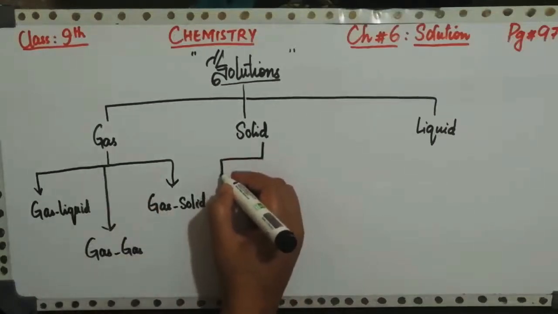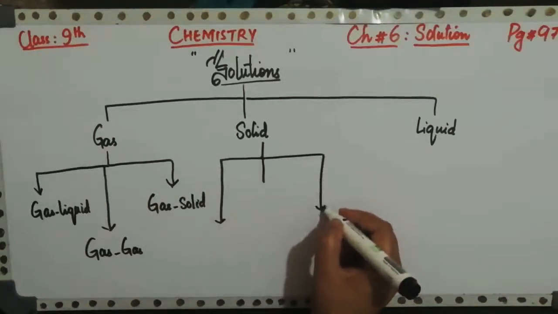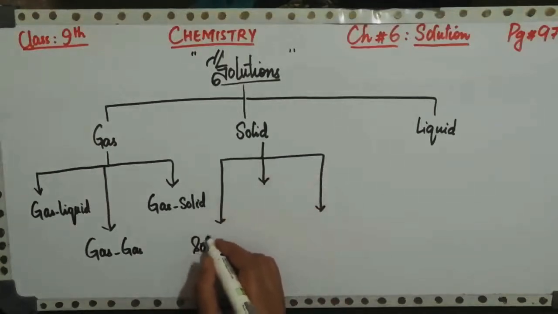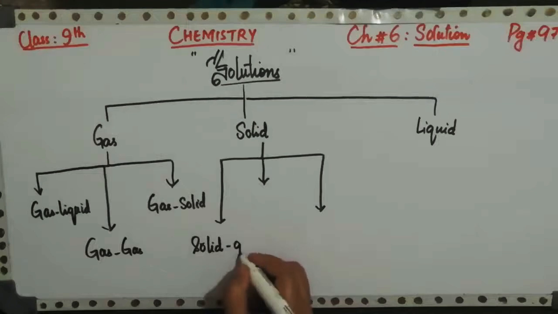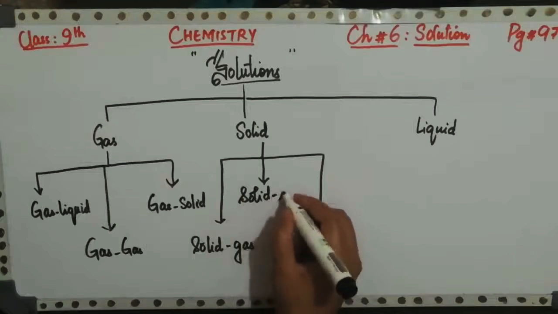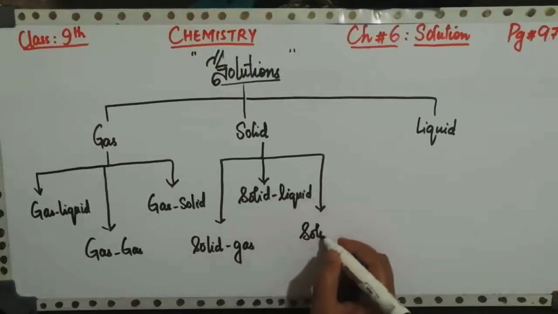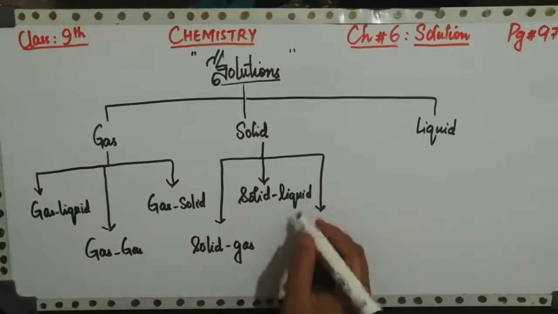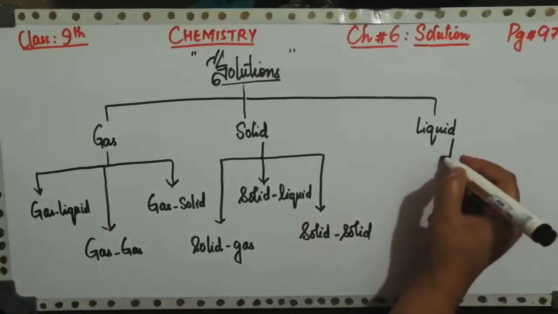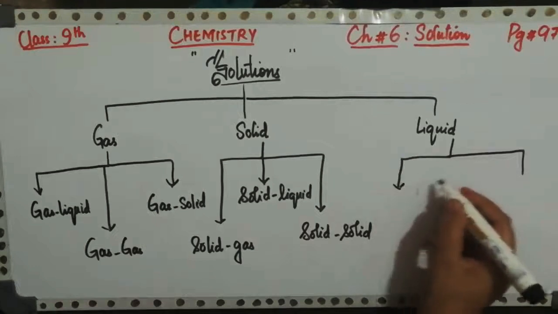Then another 3 types of solutions which are formed from the solid are somewhat like this, starting from solid: solid-gas solution, solid-liquid solution, and after gas and liquid we have solid-solid solution. In a similar manner we will divide the liquid into 3 categories.